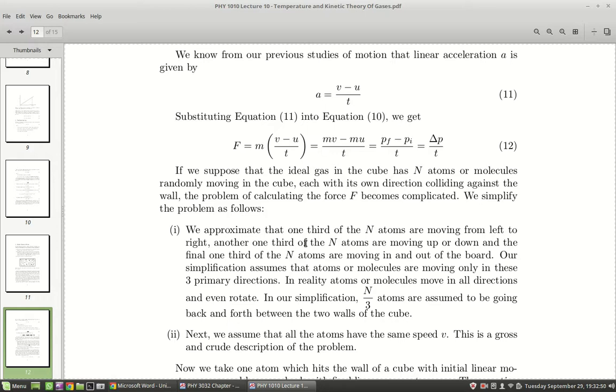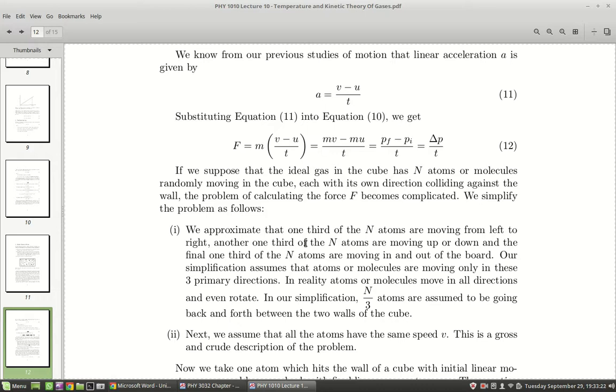What we really want to do, in a nutshell, the whole game plan here, is to find how much force those atoms are exerting on a wall. The way we're going to do it, we are going to find out how much force one atom exerts on a wall. After we find that out, we'll find out how much average force n divided by 3 atoms, which are allowed to hit that wall, will exert.